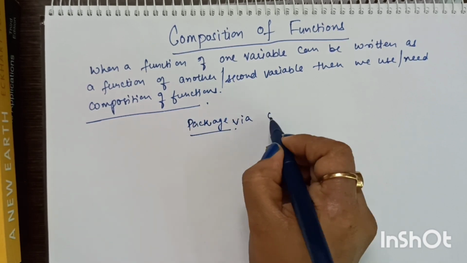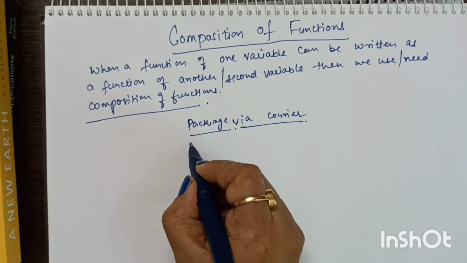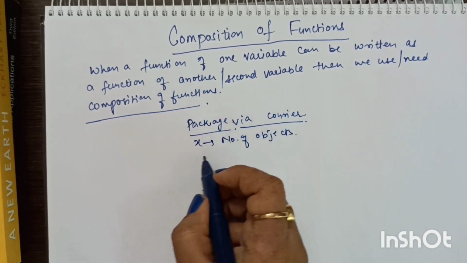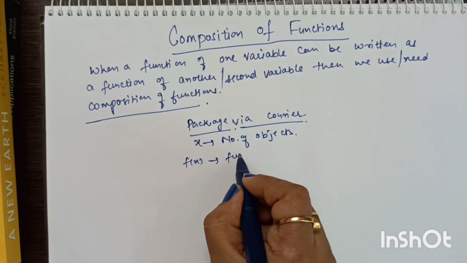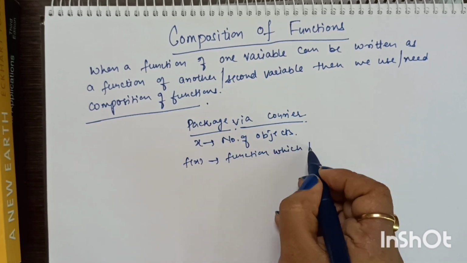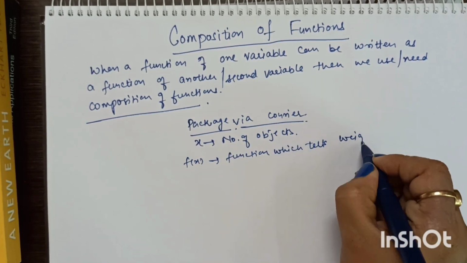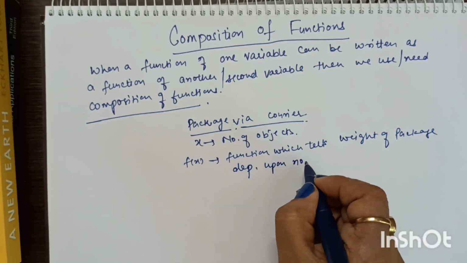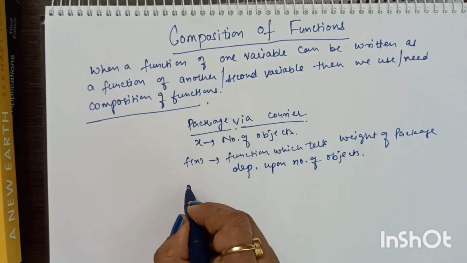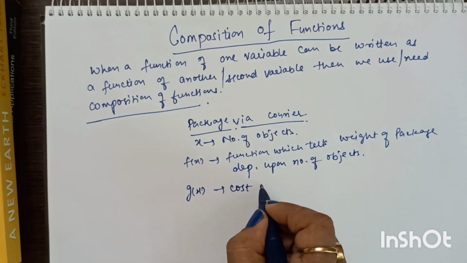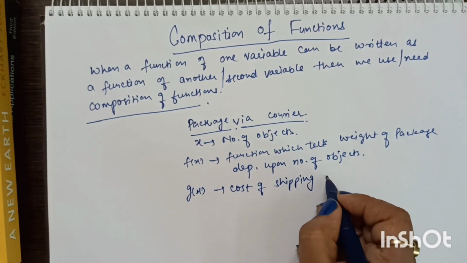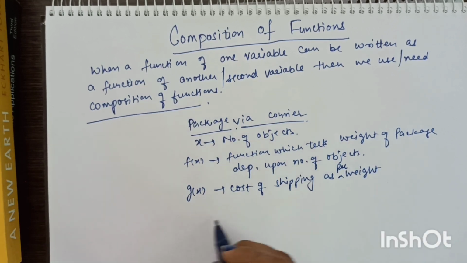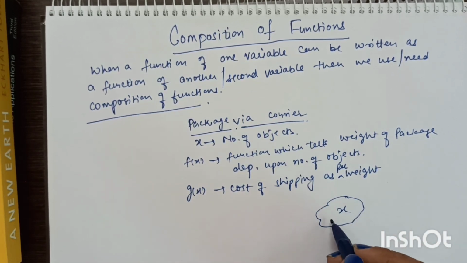Suppose you need to deliver some packages via courier. Obviously the cost of shipping depends upon the weight of the package, and the weight in turn depends upon the number of objects, because specific objects contain some weight. So suppose x is the number of objects and f(x) is the function which tells you the weight as per the number of objects in the package, and g(x) is defined as the cost of shipping, because the cost of shipping depends upon weight.